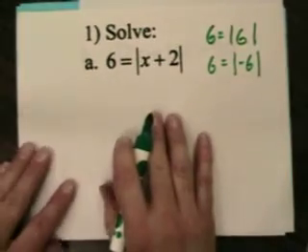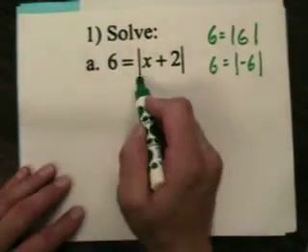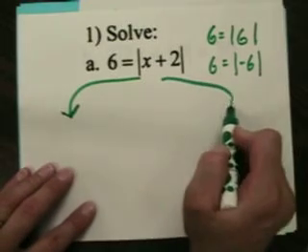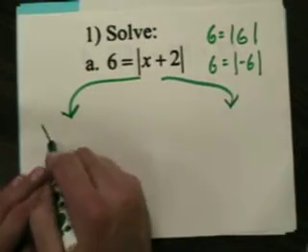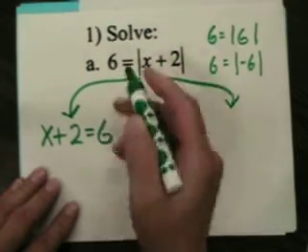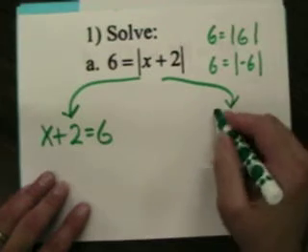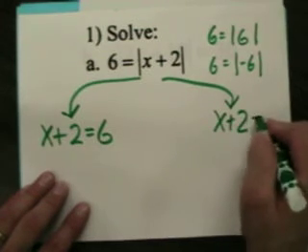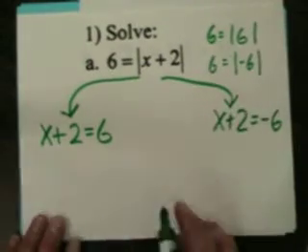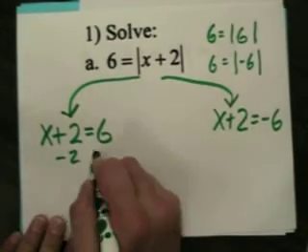So I'm going to split my absolute value into two problems. One says x plus 2 equals 6, just like it's written there, and the other one says x plus 2 equals -6, because I'm looking for those two numbers. Then I'm just going to solve them with algebra.